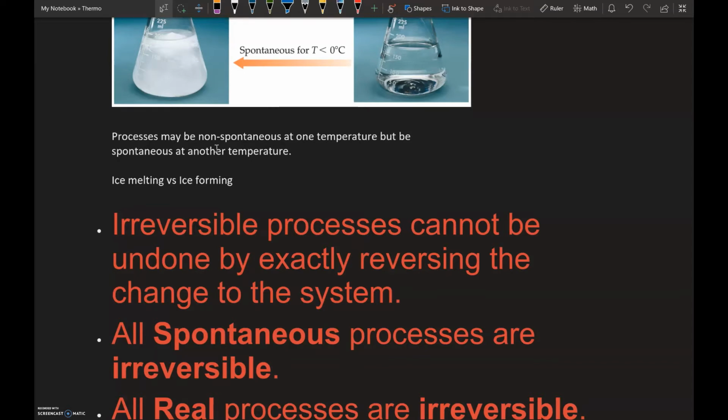The rusting of a nail is not reversible. Once the rust forms, it cannot go back into its original form, so we call that an irreversible process. All spontaneous processes are irreversible. That's an important point to make a note of.